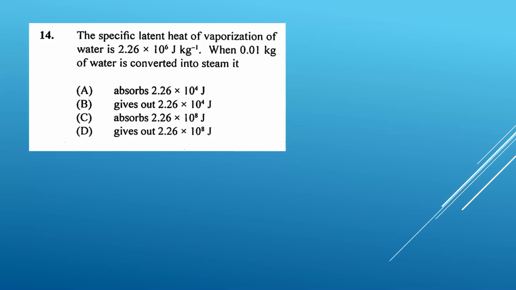Number 14, the specific latent heat of vaporization of water is 2.26 times 10 to the 6 joule per kilogram. When 0.01 kilogram of water is converted into steam, how much energy is given out or absorbed?